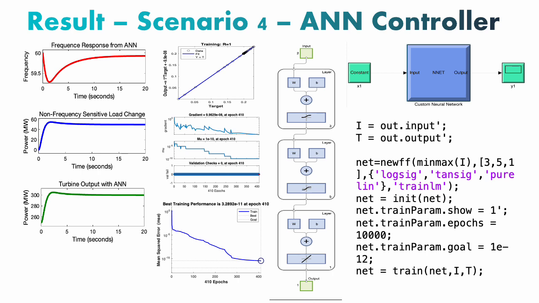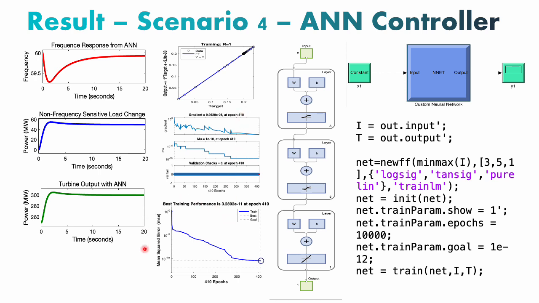Now, for an ANN controller to be trained, the regression line, or the training output, should be 1, should be unity. At the time we were performing our simulations, we got close to 1, but not exactly 1. And we did several iterations of training, about 410 iterations, to complete the training.